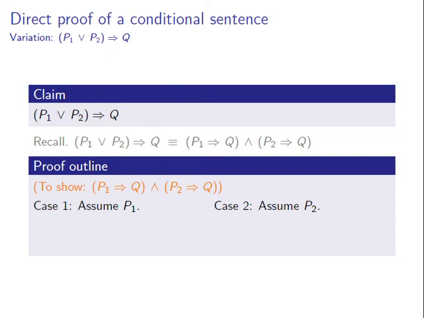Our proof, therefore, must have two parts. First, the proof that P1 implies Q, and second, the proof that P2 implies Q.